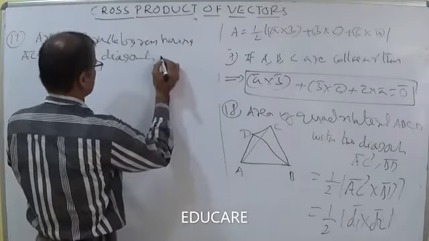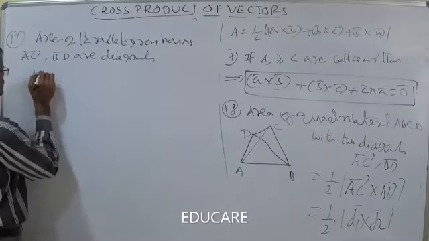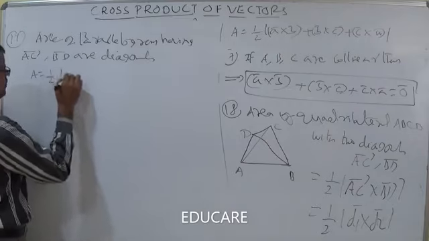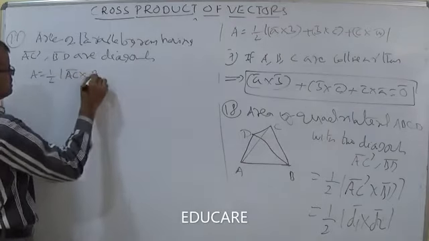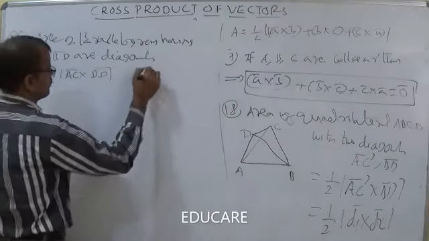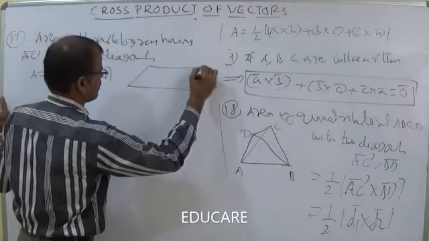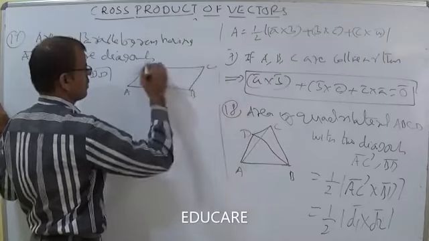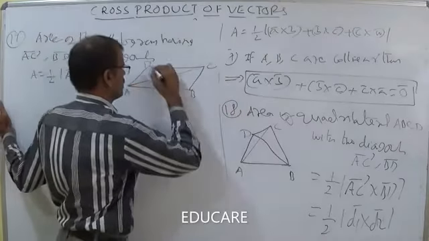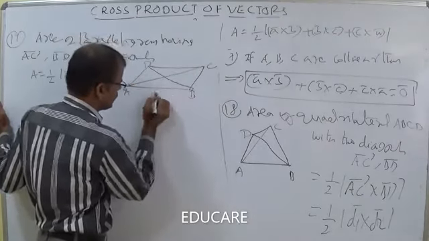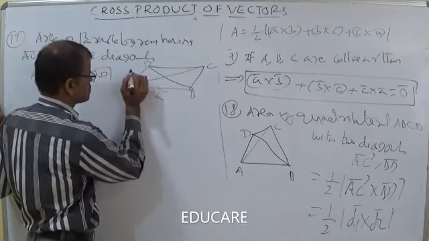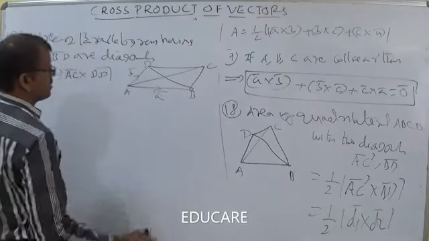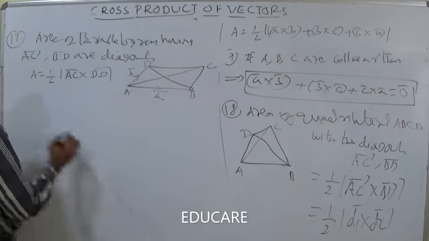A equals, same formula, 1 by 2 into AC cross BD. A parallelogram is also a quadrilateral. AC is a diagonal and BD is a diagonal. If we put A and B, you can calculate using the parallelogram property.